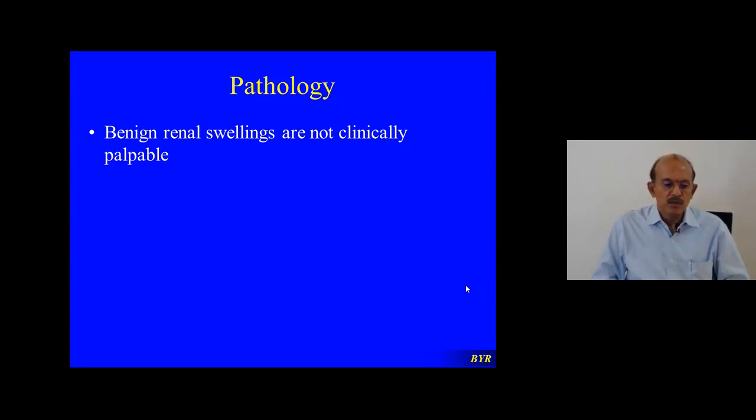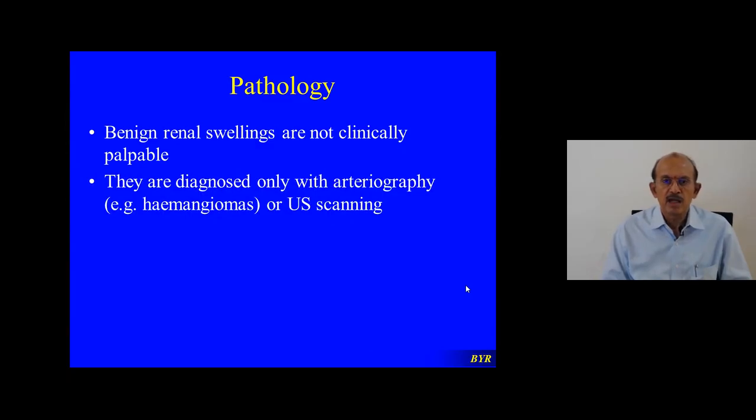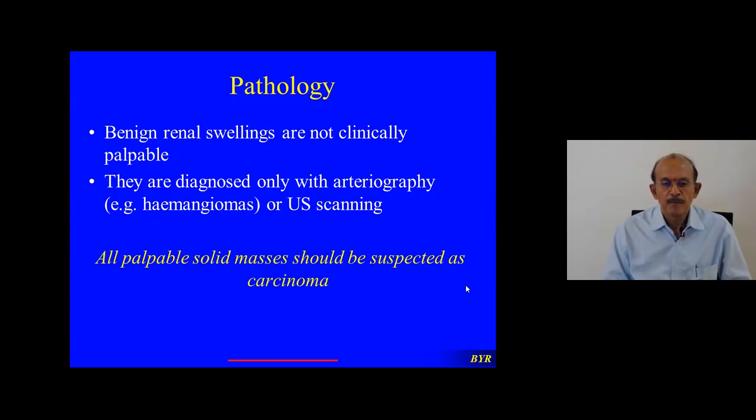The adenoma of the liver and hemangioma of the liver are not clinically palpable. And of course, testicular neoplasms also, they are also not clinically palpable, benign swellings. They are diagnosed only with arteriography or ultrasound scanning. So all palpable solid masses from the liver or kidney should be suspected as carcinoma.